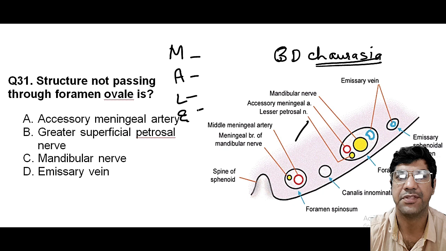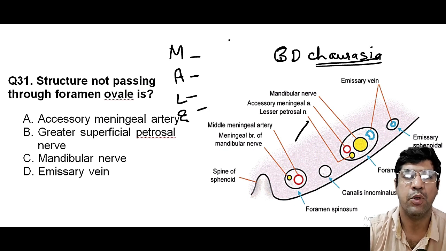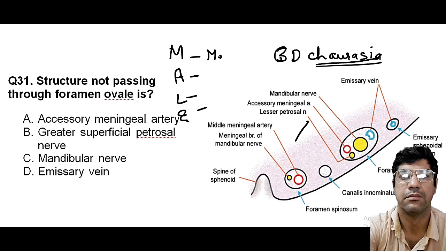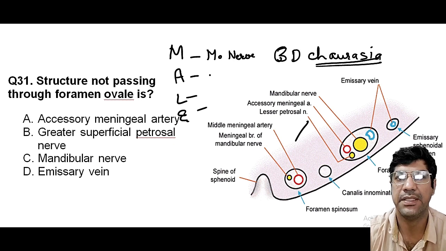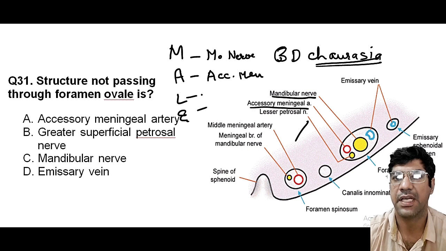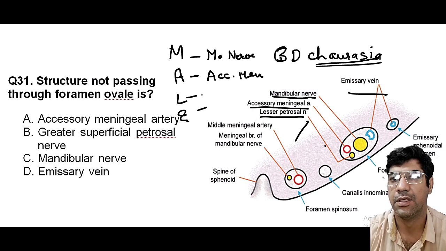The structures passing are the mandibular nerve, accessory meningeal artery, L stands for lesser petrosal nerve, and E represents the emissary veins. So these are the structures that pass through the foramen ovale.